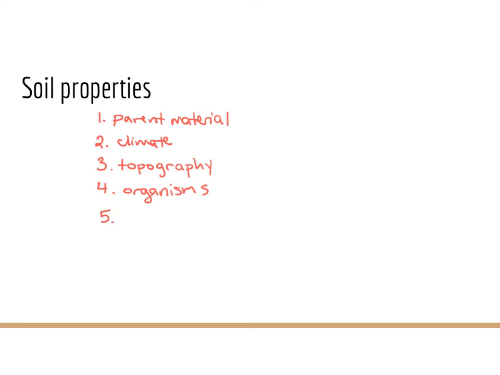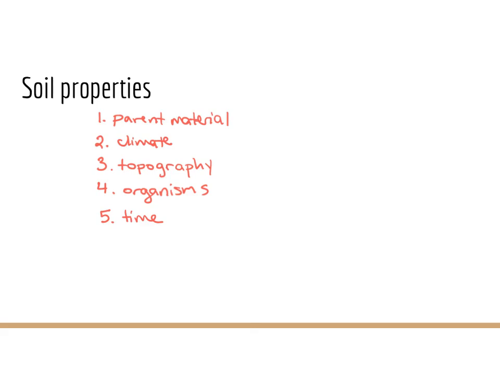And then the last factor that determines soil properties is time, the amount of time that the soil has to develop. If you have generally a longer amount of time, you're going to have a deeper soil profile, but you also have time for that soil to be leached by rainfall.